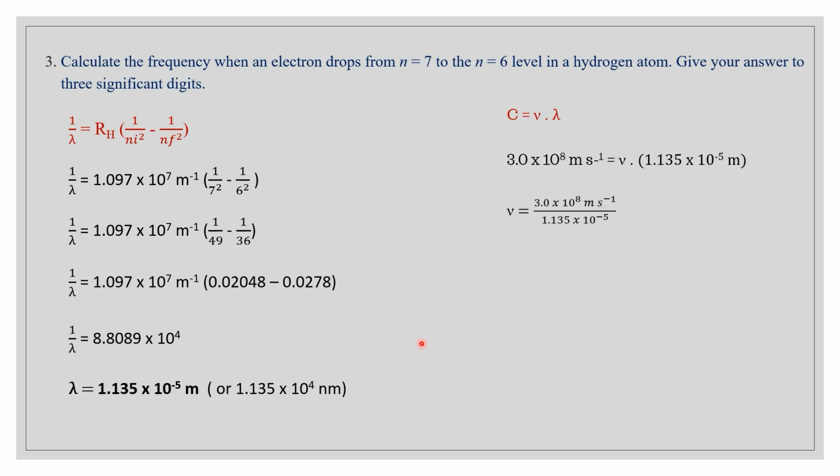After you solve this, nu, the frequency value in per seconds, is 2.64 times 10 to the 13 per second. This per second is another unit we can report as hertz. 1 per second we call 1 hertz. So 2.64 times 10 to the power 13 hertz is the frequency for this emission.